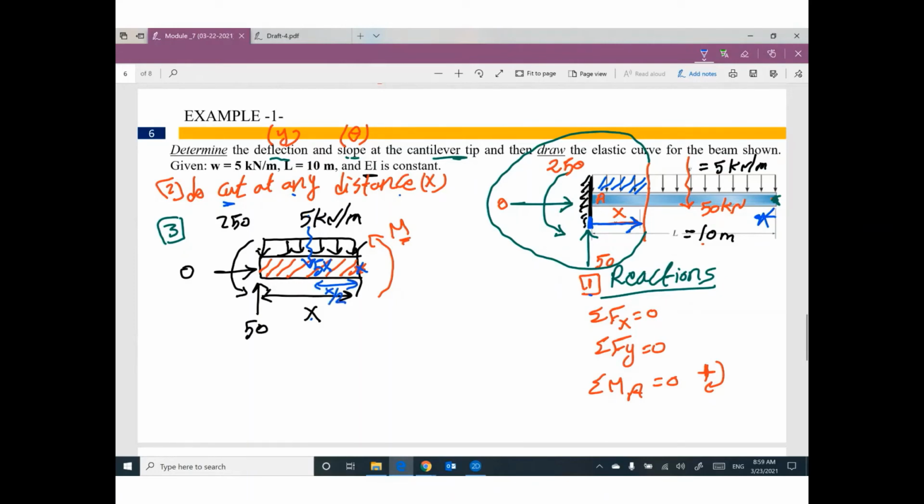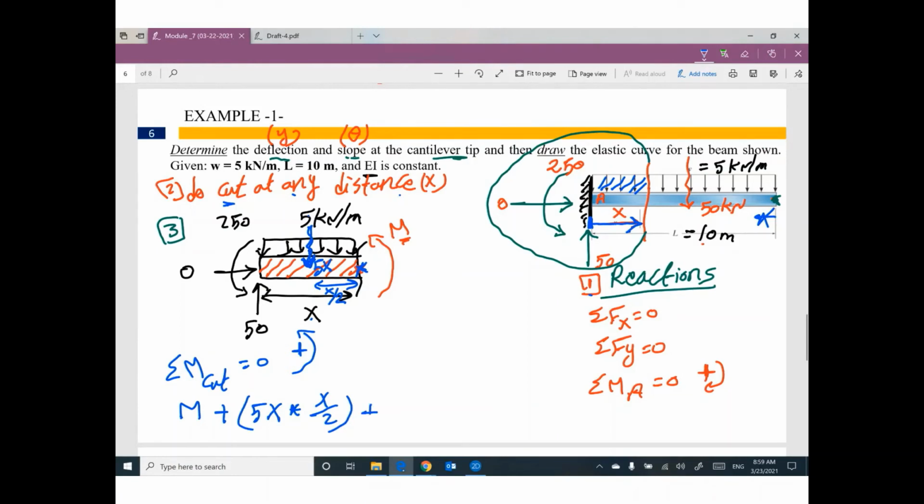That makes sense? Can you take moment at the cut? So summation of moment at your cut will equal 0. Assume this direction is positive. So we have M, we have positive 5x, this equivalent force, times distance x divided by 2.